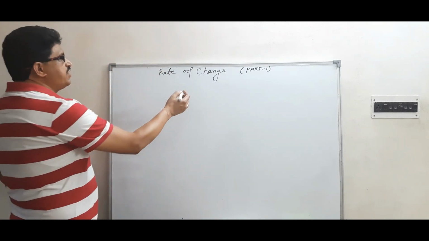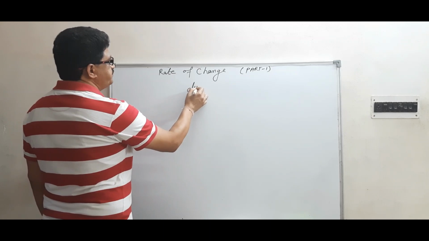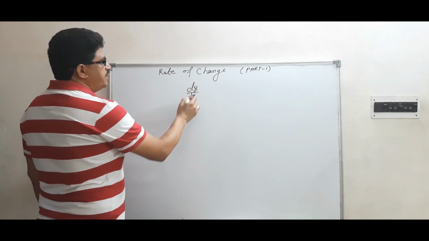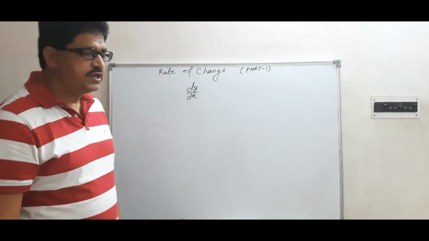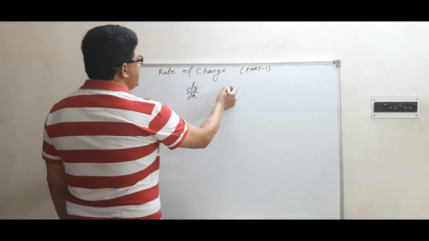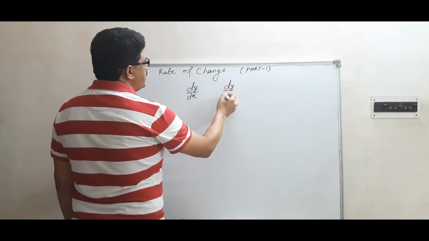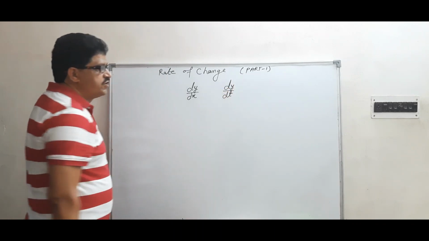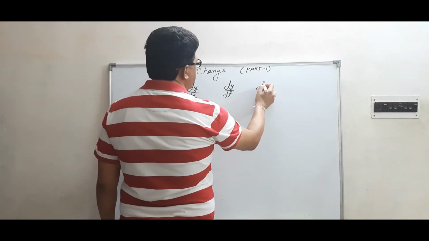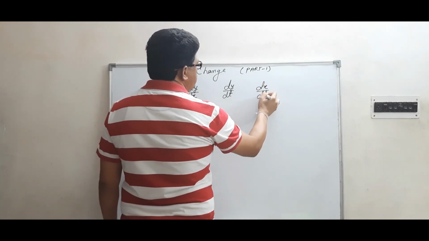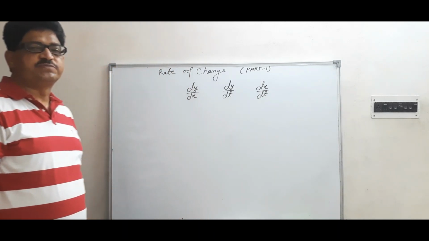When we write dy by dx, it means change in y with respect to x. If we write dy by dt, it means change in y with respect to t. dx upon dt is change in x with respect to t.